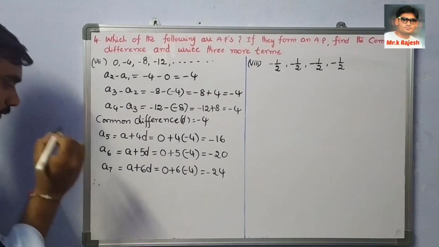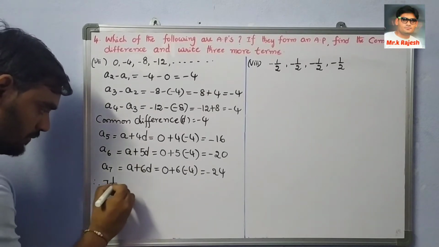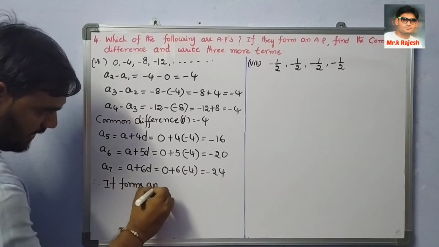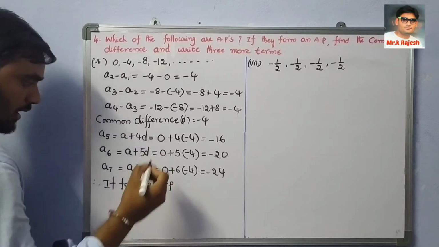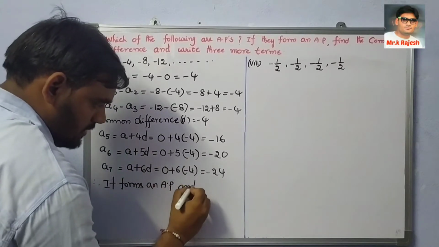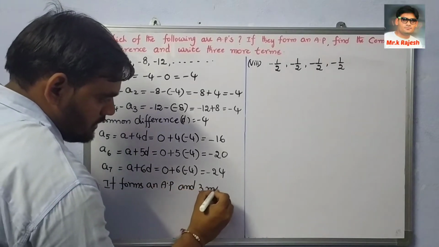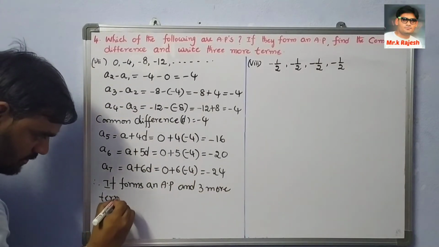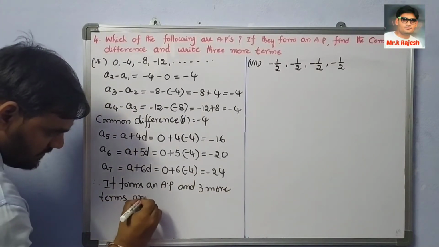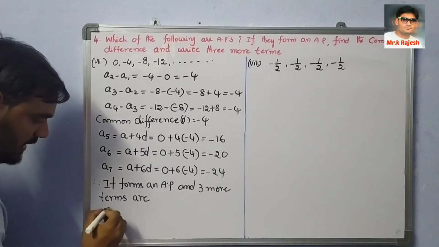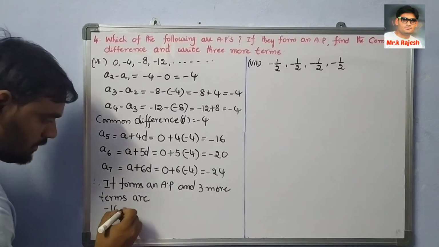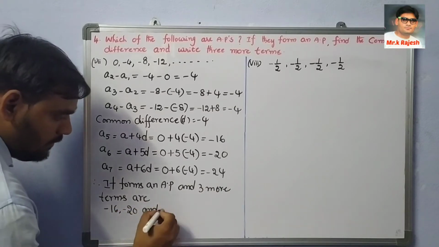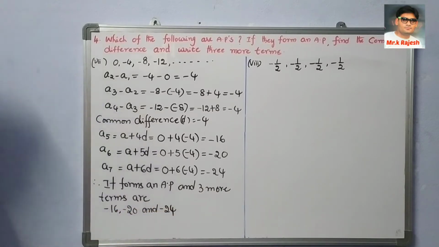So therefore it forms an AP, and three more terms are minus 16, minus 20 and minus 24.